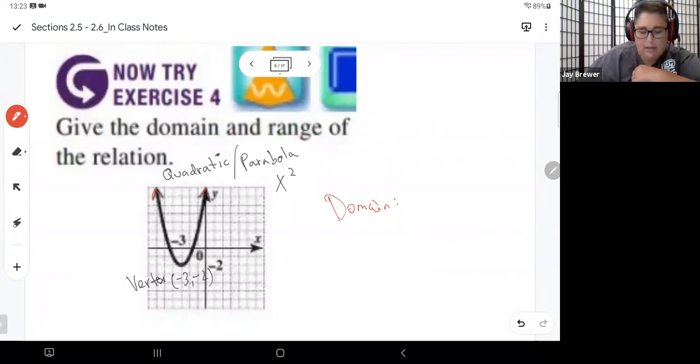And so any possible x value you throw at this function, it's going to have a corresponding y. And sometimes you might have two x's that have the same y, and that's okay because the x's will be different. So this function passes the vertical line test.